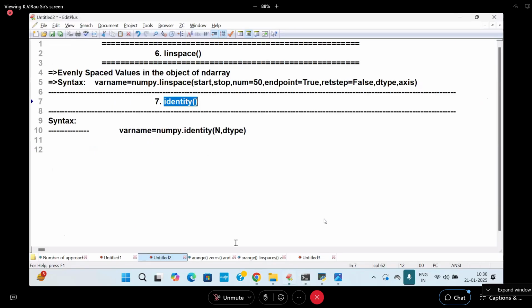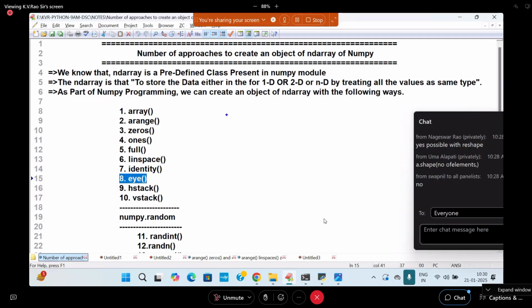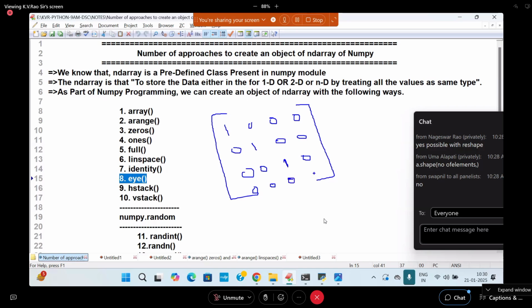Actually, I can say identity matrix is over, but I am specially writing this I. Actually, this is called the unit matrix: 1 0 0 0, 0 1 0 0, 0 0 1 0, 0 0 0 1.